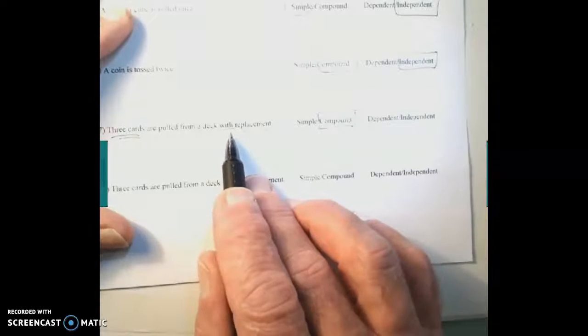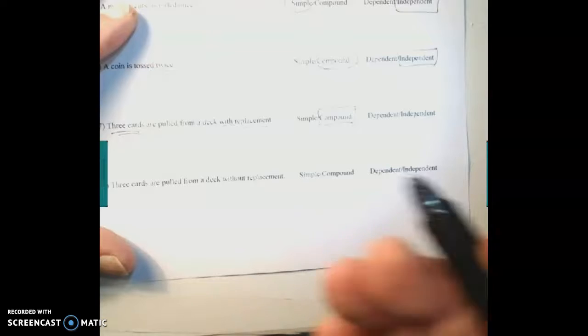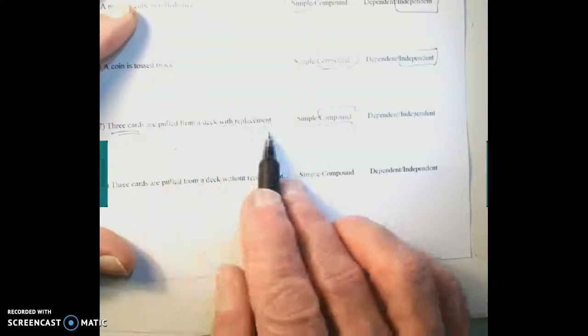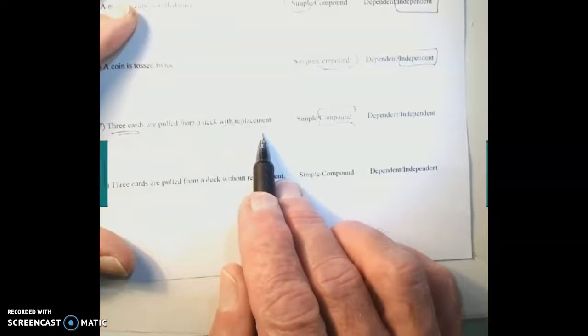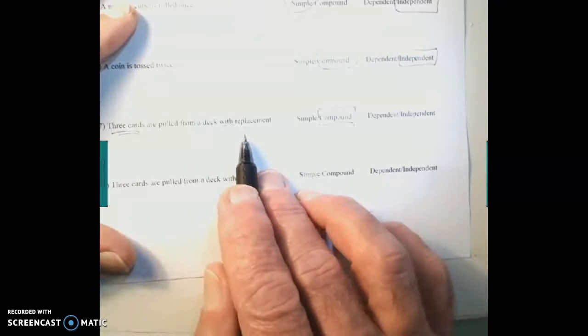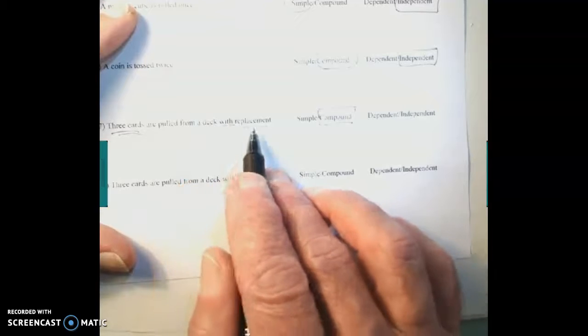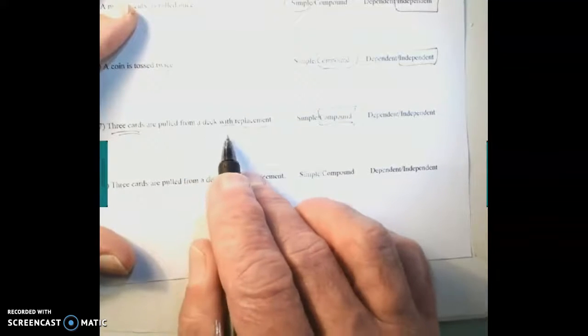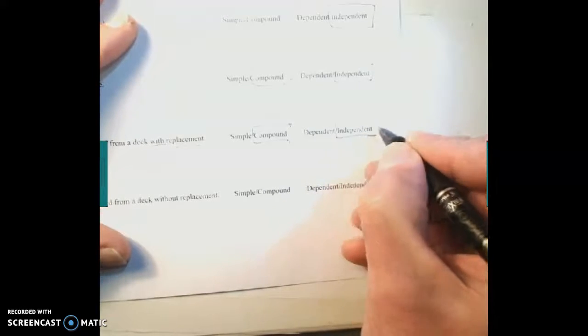With replacement means that you're going to take the card out, see what it is, and then put it back into the deck. So the deck is back to where it started. Pulling out that first card does not affect the probability. You're back to a deck of 52 cards. So with replacement is independent.